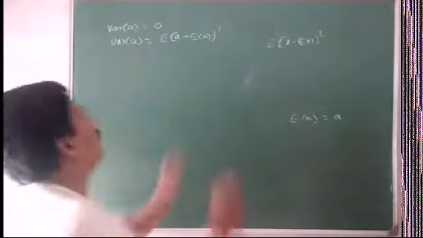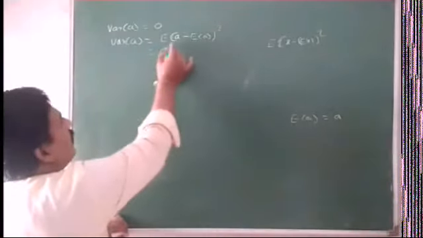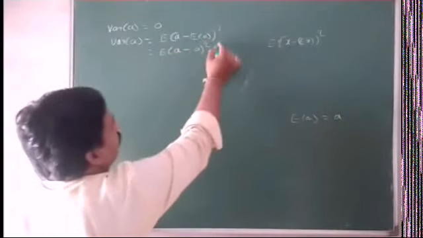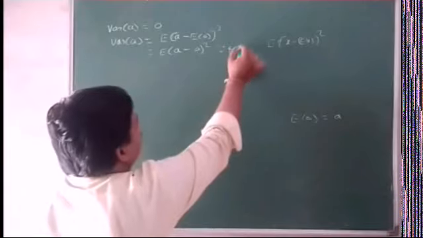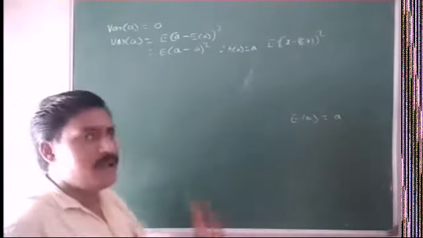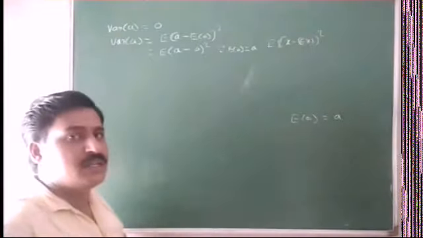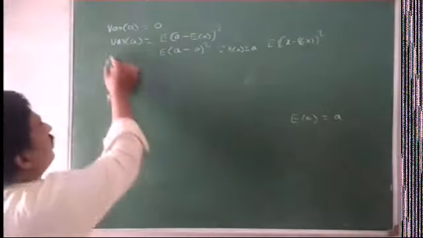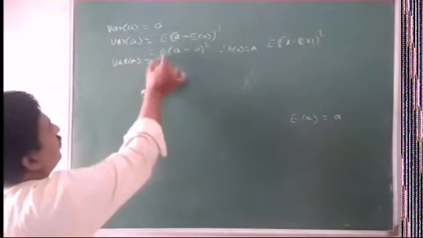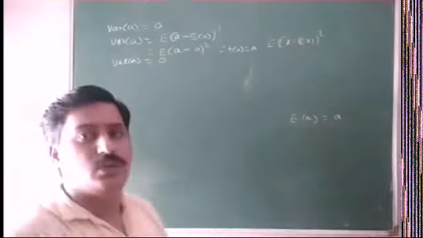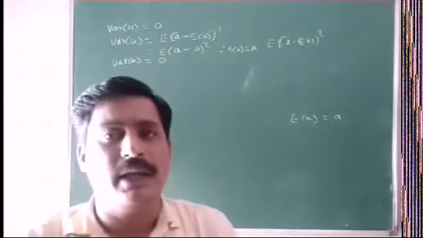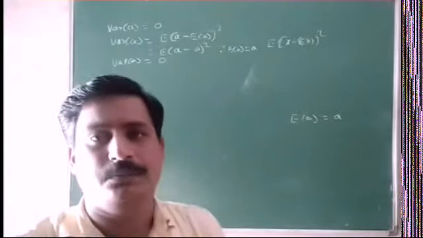So it becomes A minus A whole square, because E of A is equal to A. Now A minus A is 0. 0 square is 0. So hence it is proved that variance of A is equal to 0.